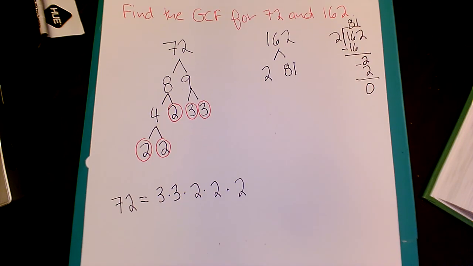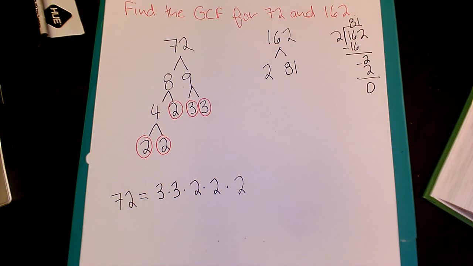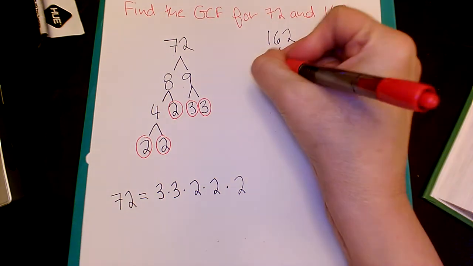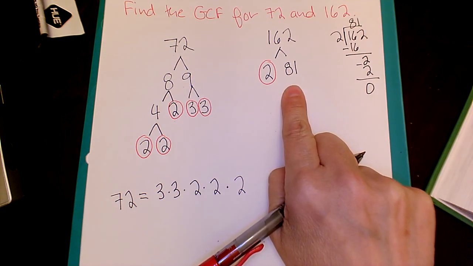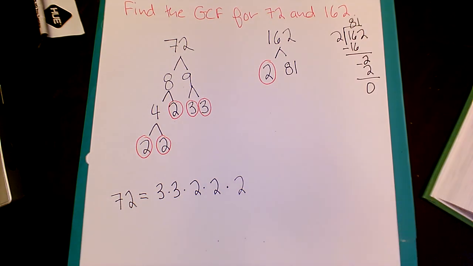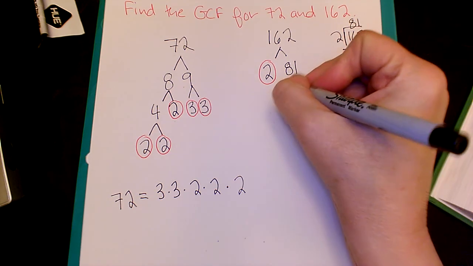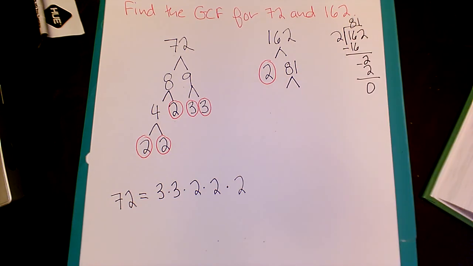Okay, are either of those prime? And if you said 2 was prime, you're right. And is 81 going to have any more factors? It is. 81 is not prime. Can you think of two numbers that when you multiply them together will give you 81?